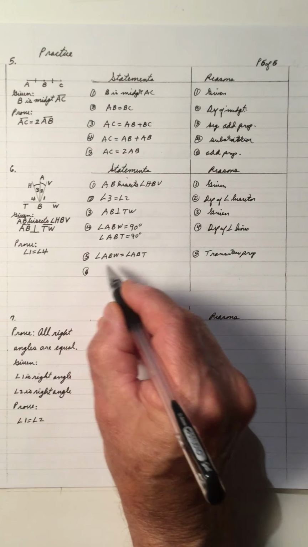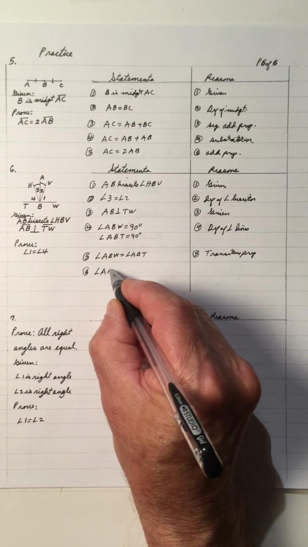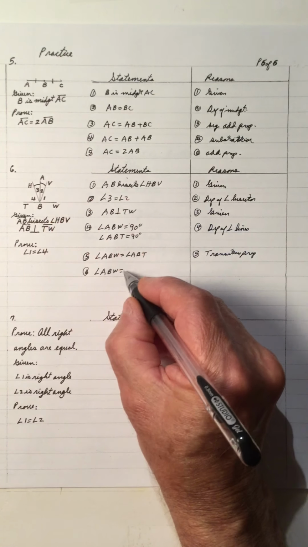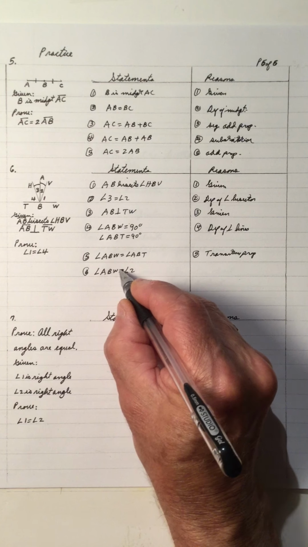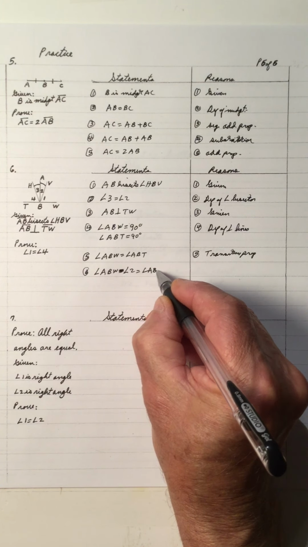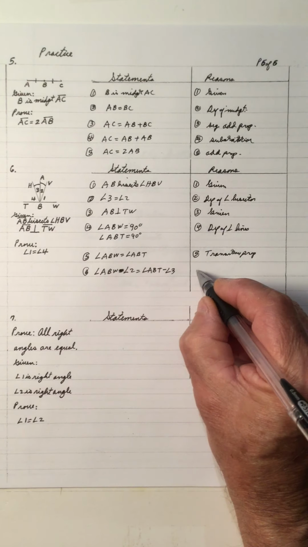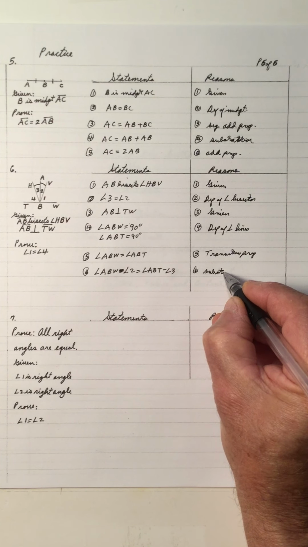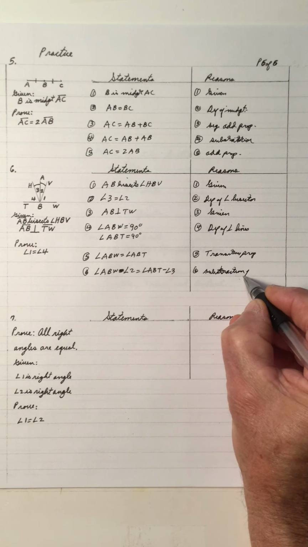And let's continue. Now, if I take angle ABW and subtract angle 2, that's a subtraction there. And I take angle ABT and subtract angle 3, that's the subtraction. It should be subtraction property of equality.